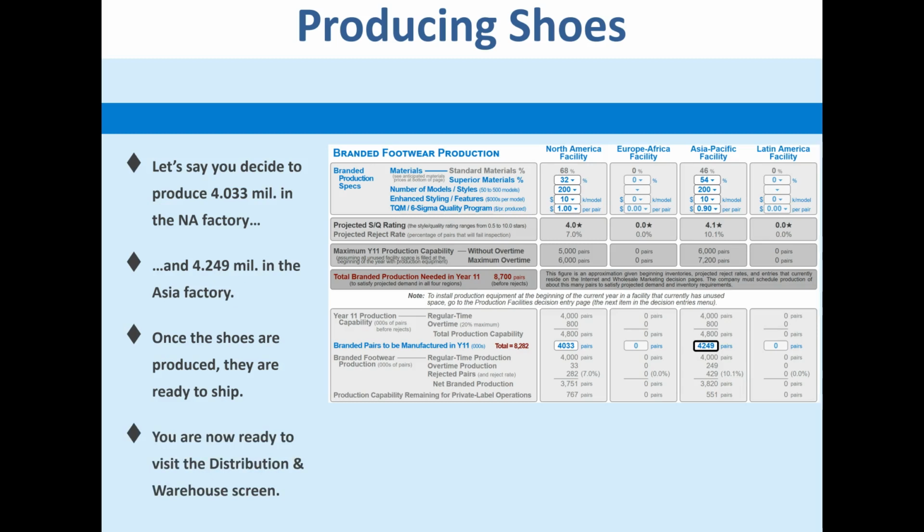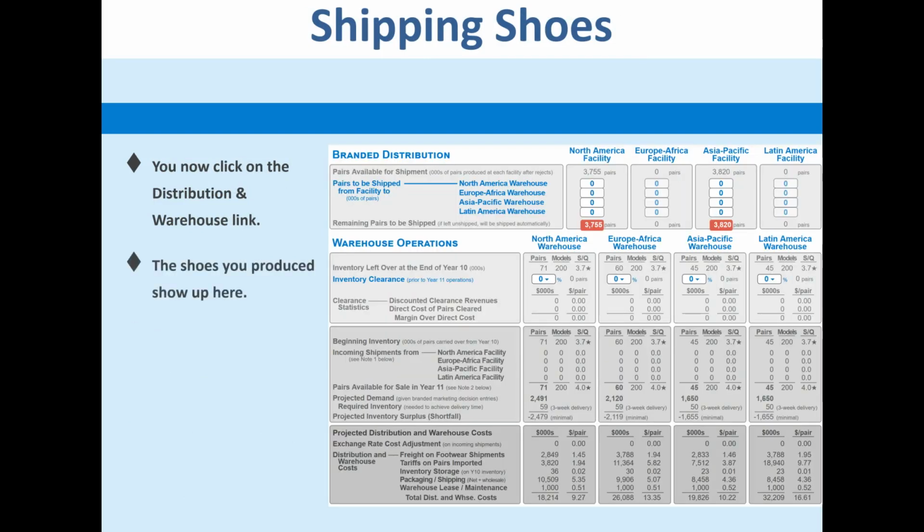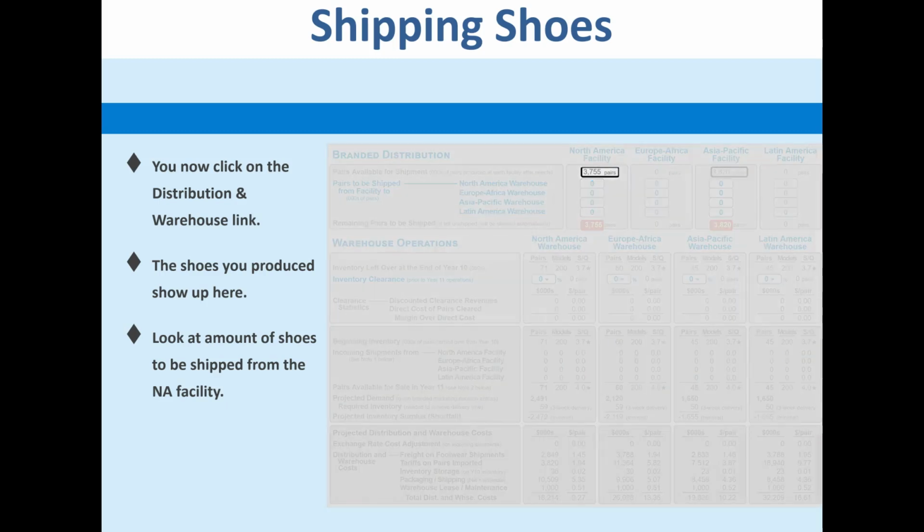And you see that in the distribution and warehouse screen. You're going to click on it right here, distribution warehouse, and those shoes that you produced are going to show up right here. Now, look at the shoes that you've shipped thus far.